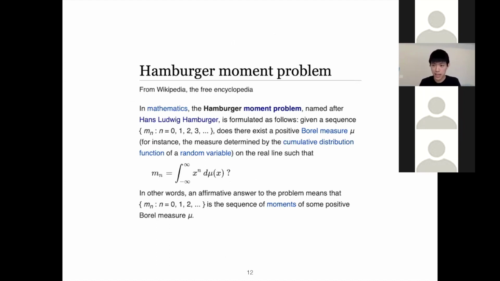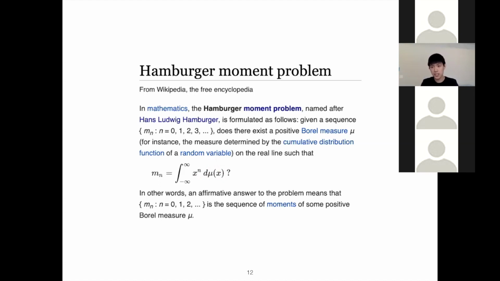Like you, I probably haven't heard of the Hamburger moment problem, but I looked it up on Wikipedia and found this article which says: given a list of numbers which purports to be the moments of an ordinary random variable, what are the necessary and sufficient conditions on this list such that we're guaranteed that there exists some sort of positive measure so that this list are the moments of the distribution? And you see that this is closely related to the previous problem.